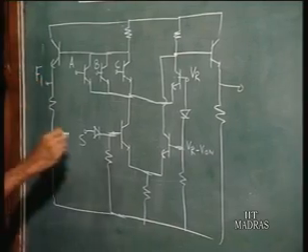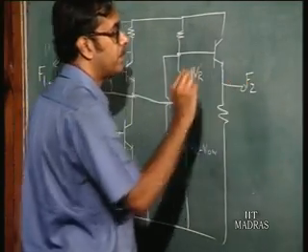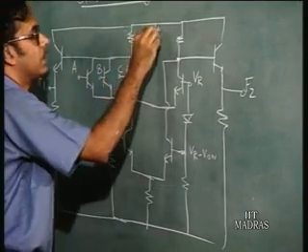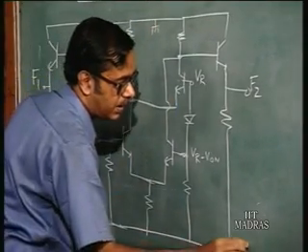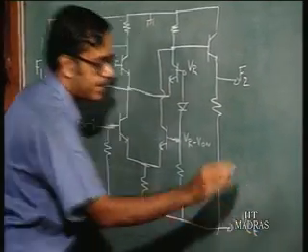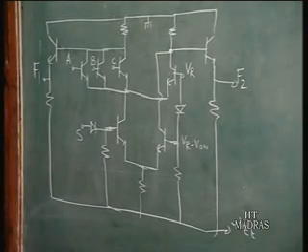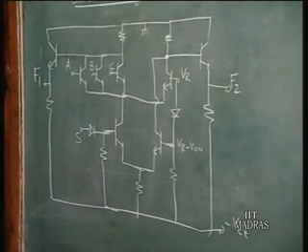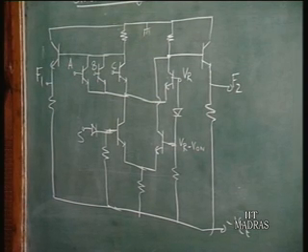Suppose I call this F1 and I call this F2, and here it is ground, there it is minus VE. So this is the circuit of a stacked ECL gate. Now let us see what is the logic function you get at F1 and F2.